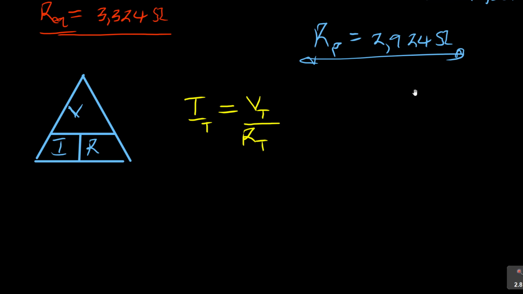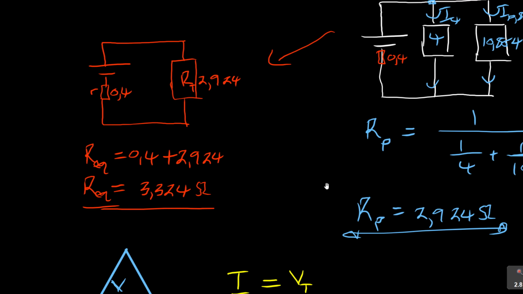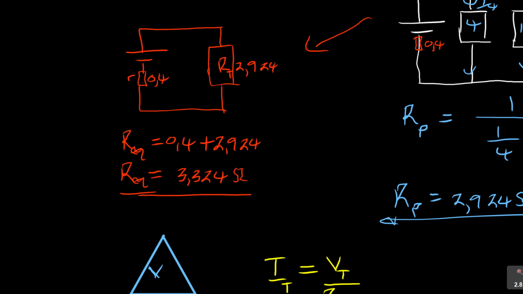But now you're going to argue with me to say your RT is my R equivalent. Let's actually use this as my RT so that it makes more sense. Let's come here and say that's my total resistance, because the question was more like a P. So this is my RT.